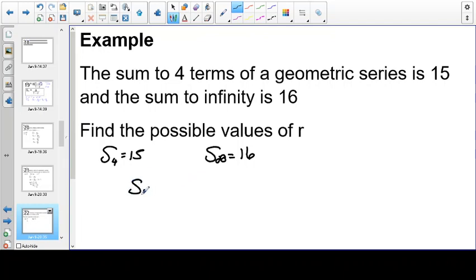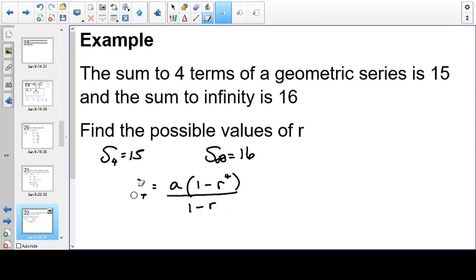Sum of 4 terms, A times 1 minus R to the 4 over 1 minus R is 15.